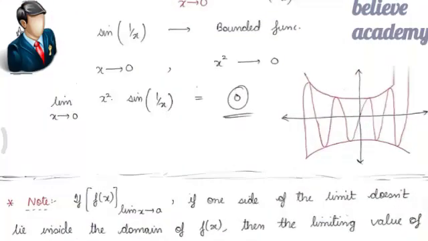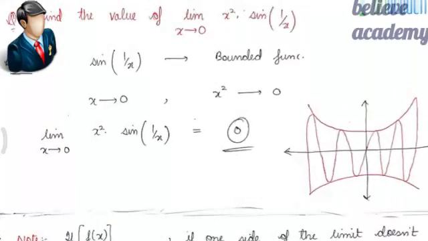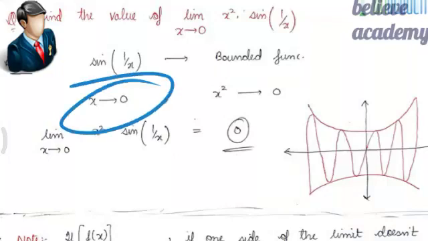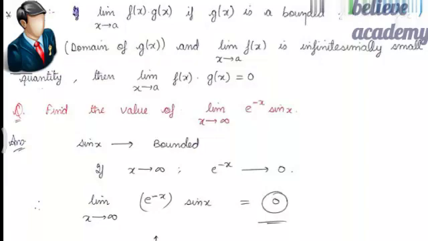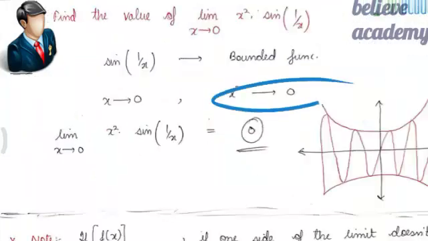The second question here is to find the value of limit x tends to 0 of x square into sine of 1 by x. So we have sine of 1 by x which I have written here, which is basically a bounded function. Okay, now x tends to 0, so इसका मतलब क्या हुआ, x tends to a basically, then x square tends to 0. You can see the first function is infinitely small.